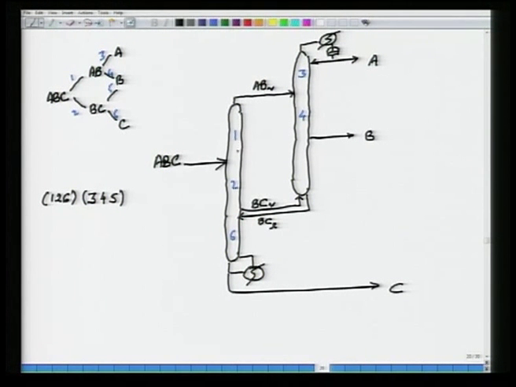Of course, column section 1 requires liquid, so I take out some liquid from here, and that is rich in AB.